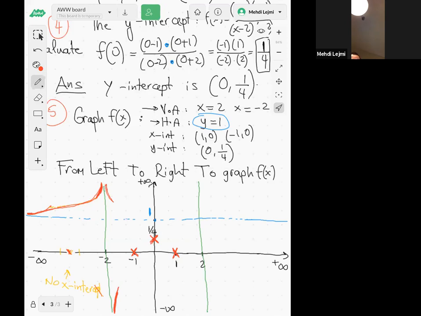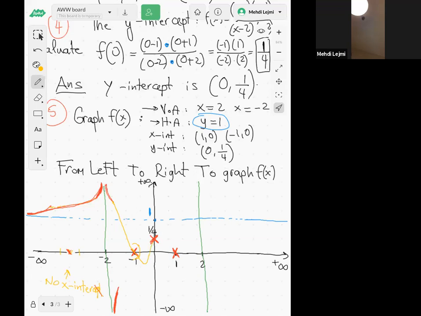So let's see. If we start from the top, what do we have to do next? The next thing to do is this x-intercept here. So I have to join this x-intercept, so I have to go here to this x-intercept, and then go up again to this y-intercept.